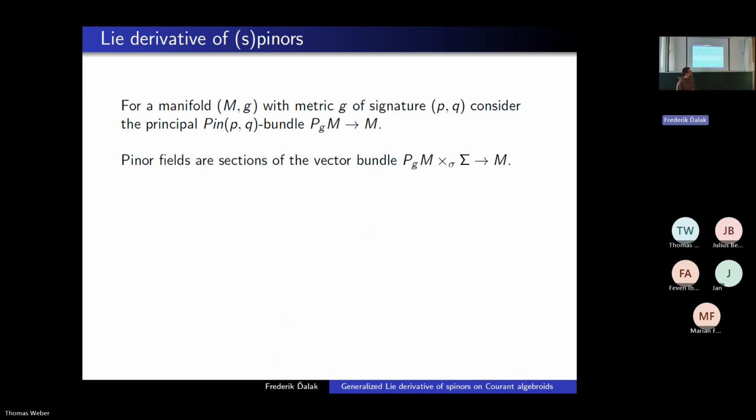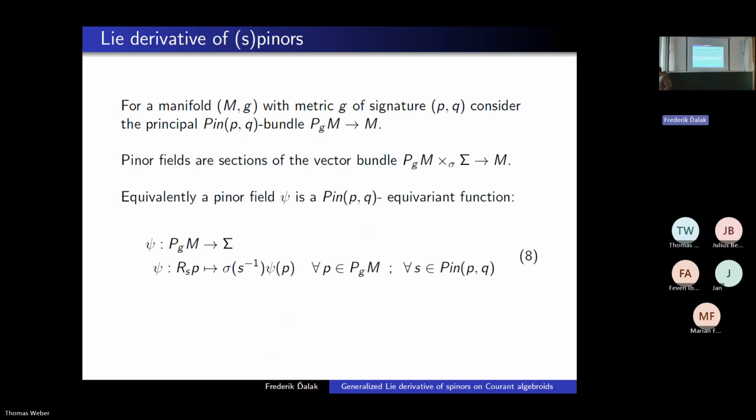That you can see there, where the representation of the lowercase sigma would be the spinor representation of the pin group, and the big sigma is the corresponding vector space of the components. But again, in analogy with the tensor fields, here we are going to prefer to see these spinor fields as the corresponding equivalent functions on the pin bundle with the values in the vector space of components, right?